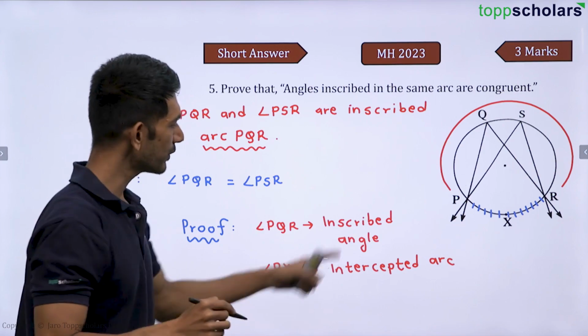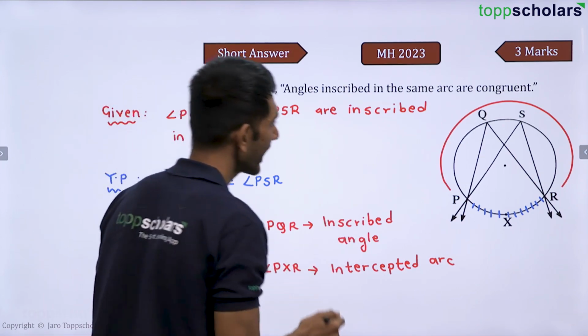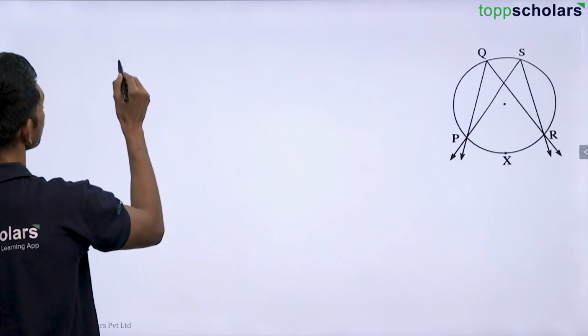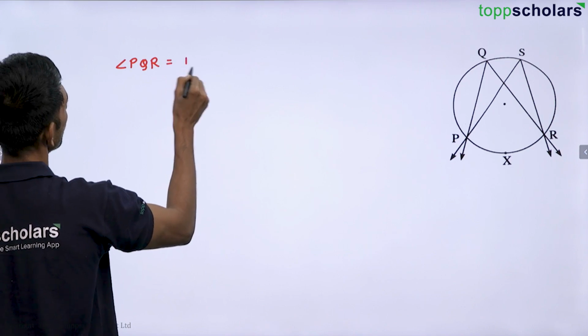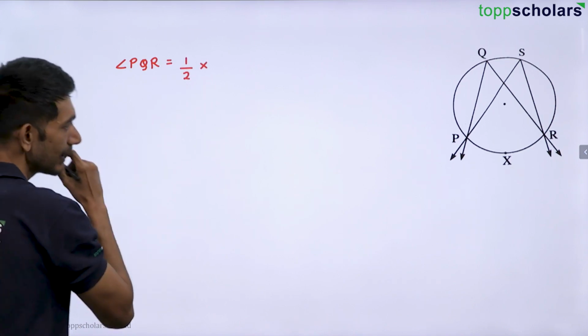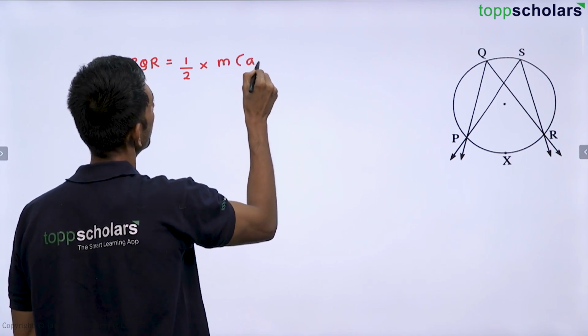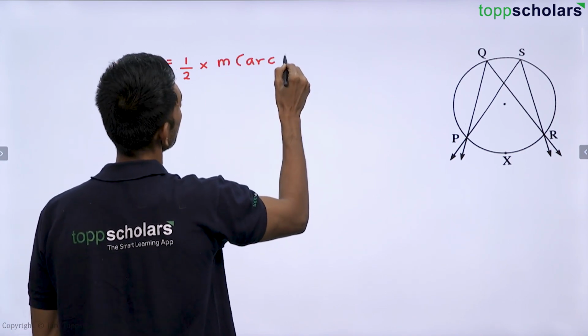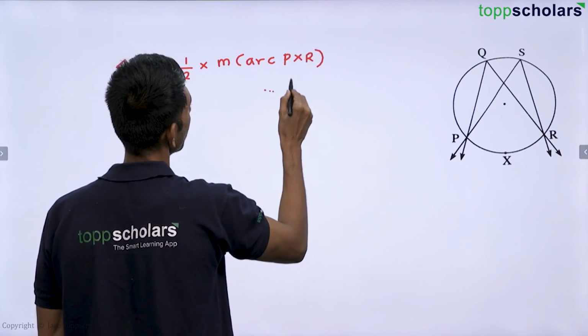So what is the relation between inscribed angle and intercepted arc? Inscribed angle is half of intercepted arc. So can I say angle PQR is equal to half of measure arc PXR. This is because of the inscribed angle theorem.